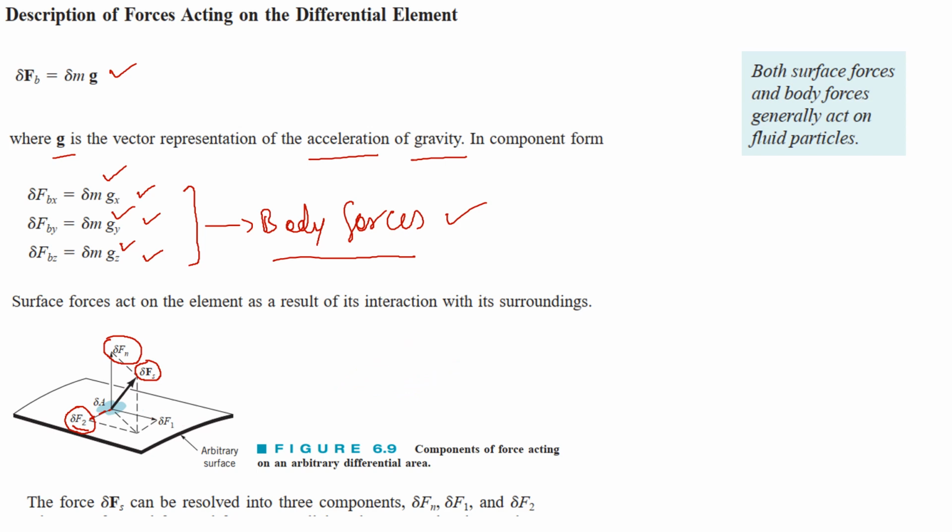Now let's see a diagram and write an equation for how the normal force and surface force will change from one phase to the other. As previously discussed, the surface forces can be resolved into three forces. One will be normal to this differential area, and two will lie in the plane.